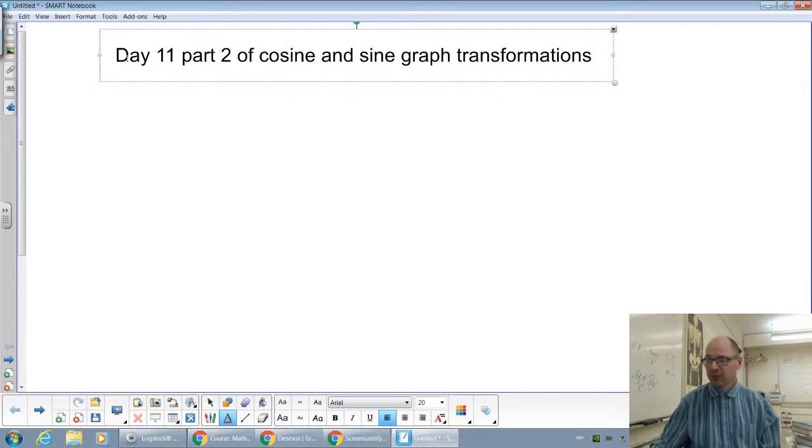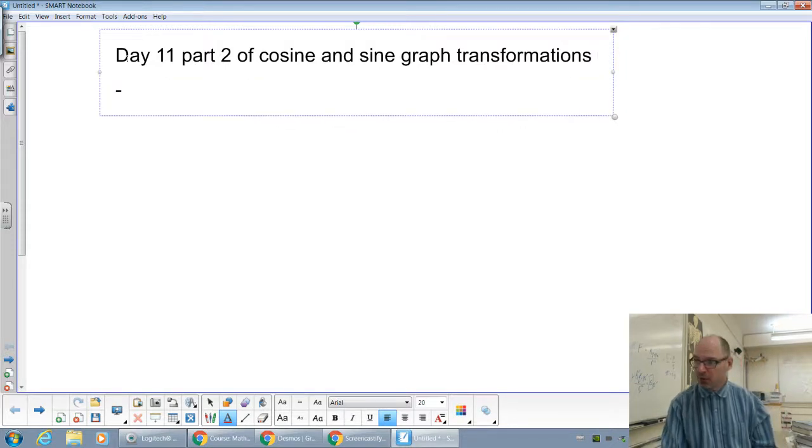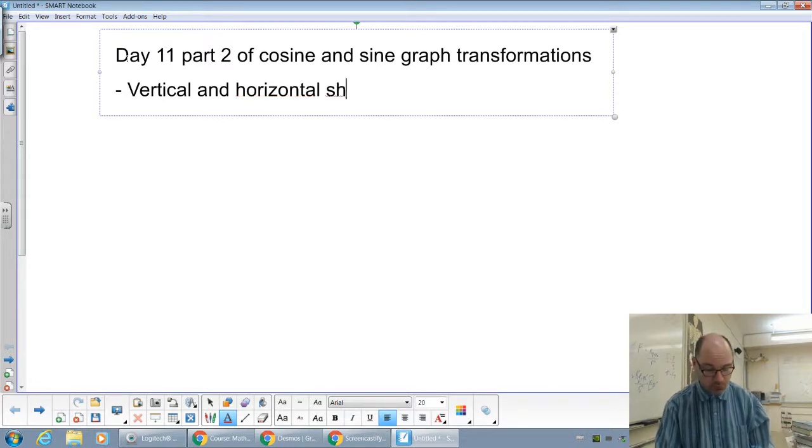Okay, and what we're going to look at today is vertical and horizontal shifts with cosine and sine graphs.